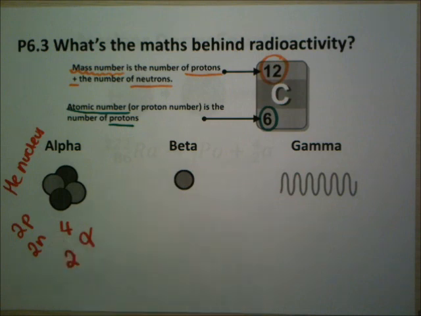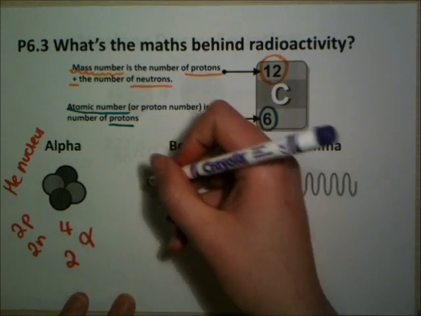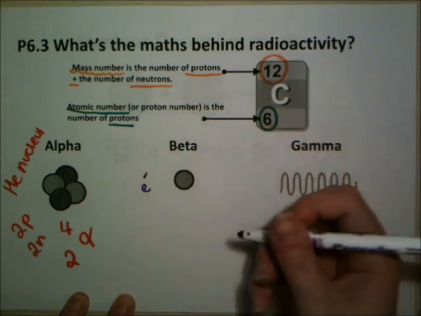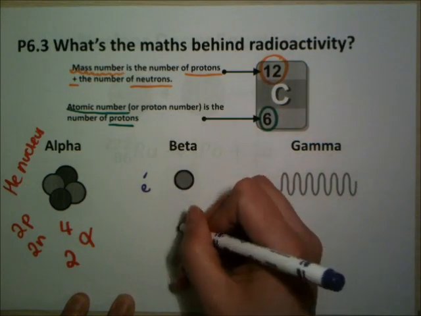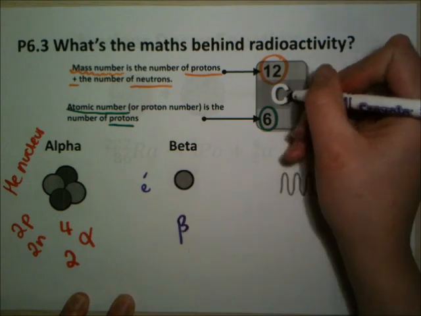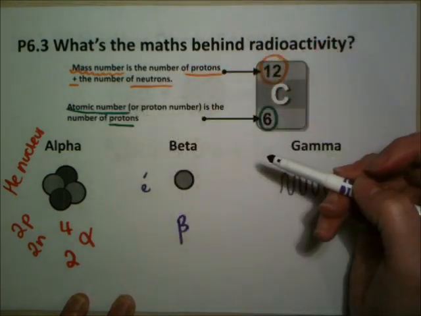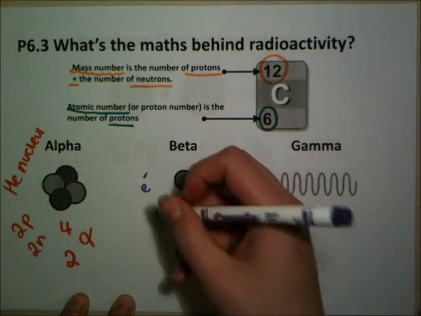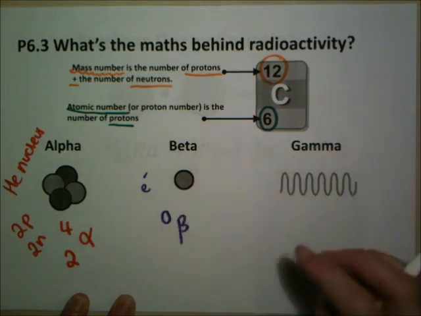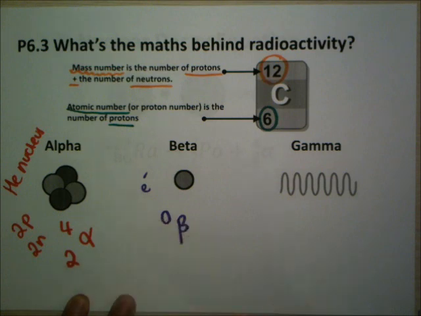Beta is a bit harder because beta, remember, is a high speed electron. I'm going to just write an e minus, and use my symbol for beta. My mass number is the number of protons and neutrons, which is, by definition, 0. However, for the atomic number, this is why the rule doesn't hold particularly well here.